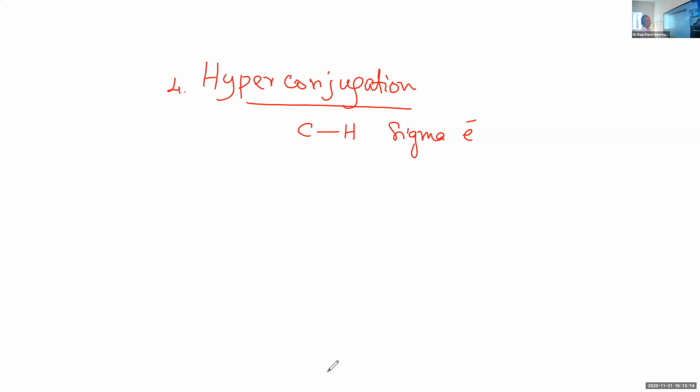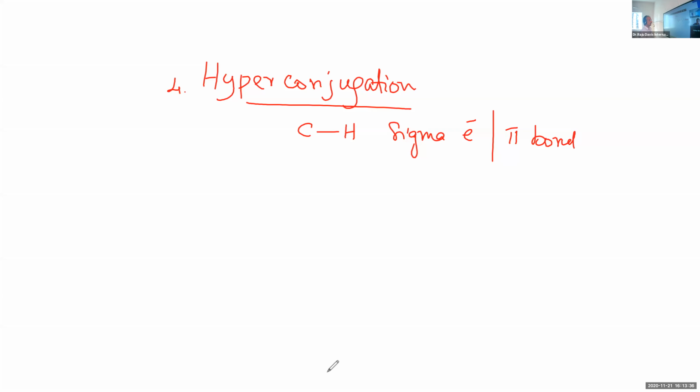Carbon-hydrogen sigma electrons along with a conjugated multiple bond, a pi bond, along with a carbon-carbon multiple bond, a conjugated pi bond, a double bond or a triple bond.